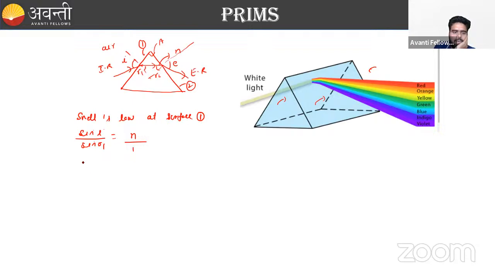So if you want to find the refractive index of the prism, we can directly find it by putting the values of I and R1, that is sine I upon sine R1. Say this is equation number 1.